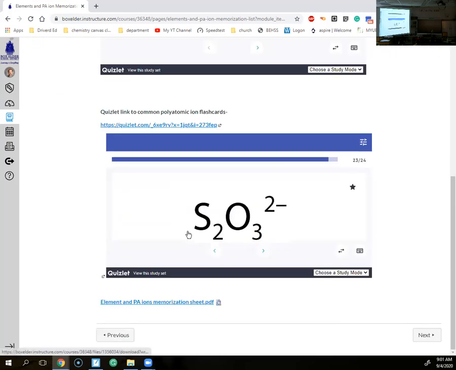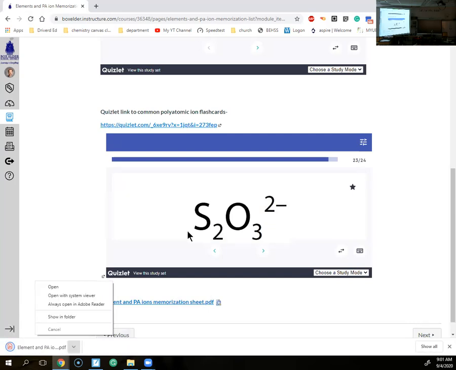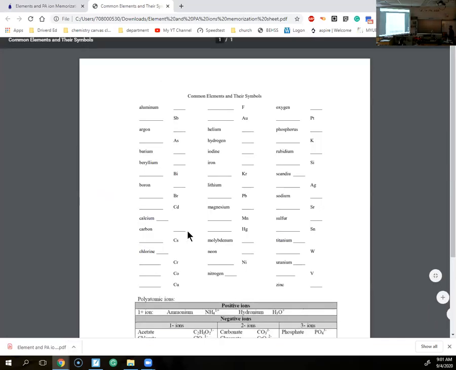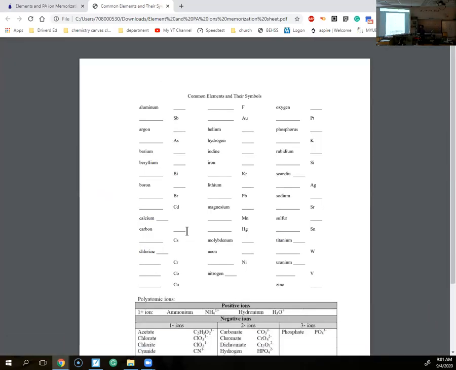And that's simply for speed. And the elements are not that hard, I promise. Half of them you'll know. So with this paper, what you can do is you look up chlorine and its symbol, then the polyatomic ions are down here. I won't test this for weeks, but you can start getting on that. There's links to it on Quizlet as well. Wow, we're behind.